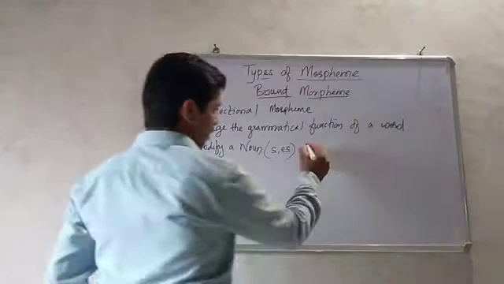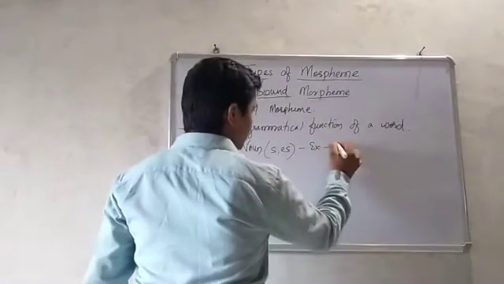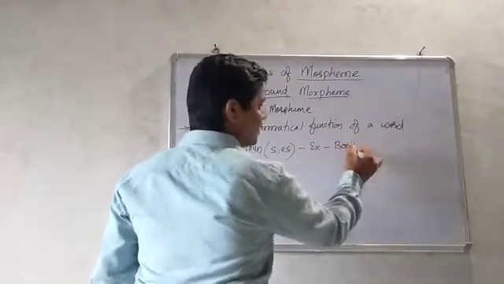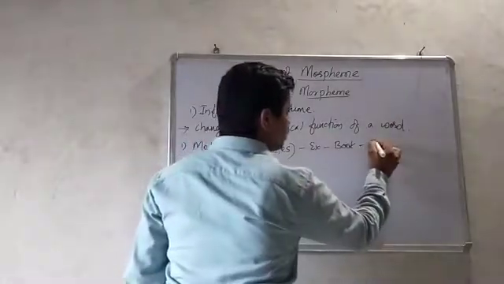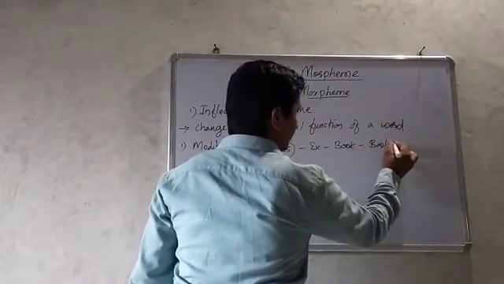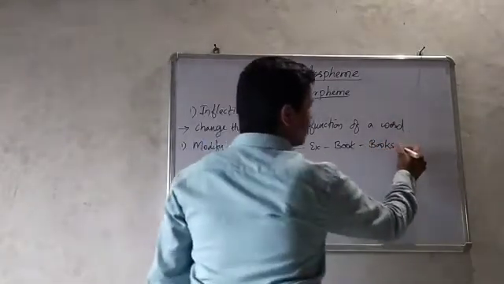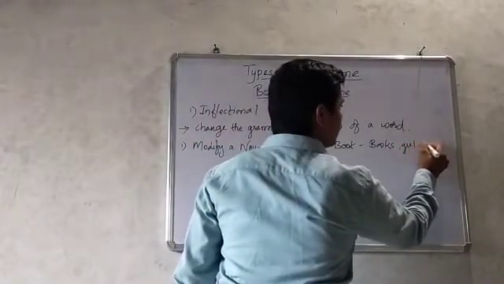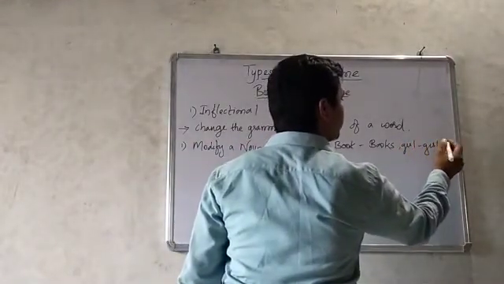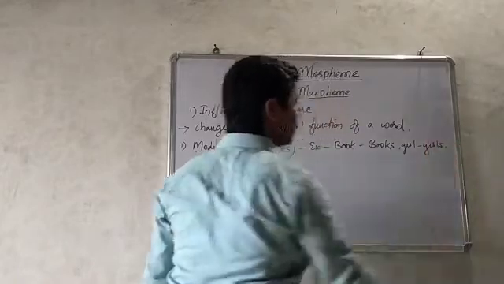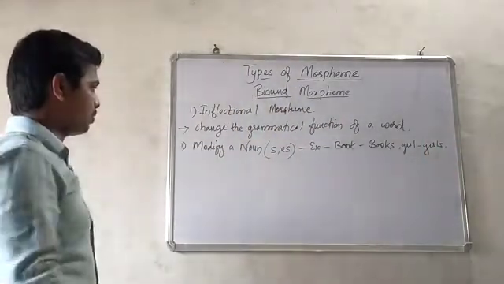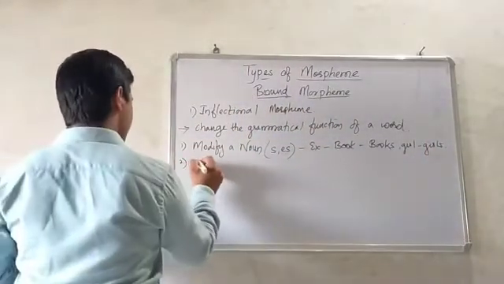For example, book is a noun. After adding S, it becomes books. Girl, girls, etc.